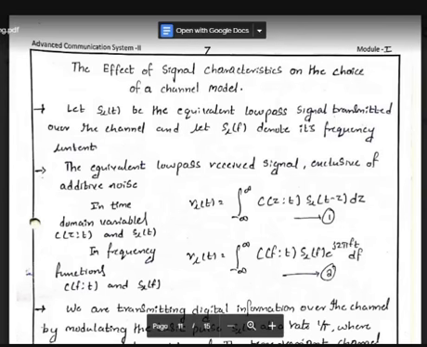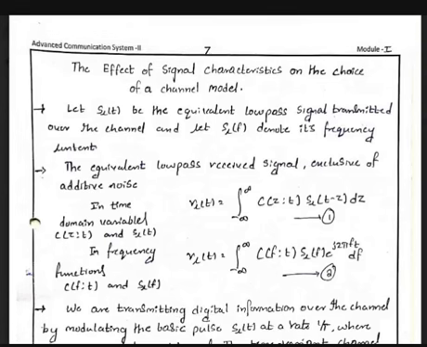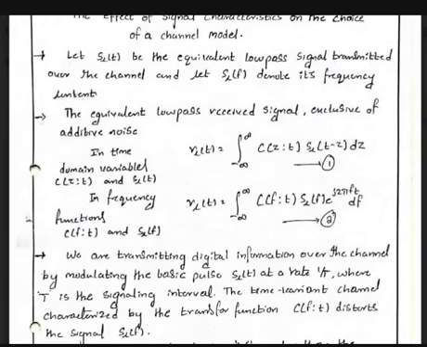Okay, as usual, you can see here, SL of t is considered as the transmitted signal over the particular channel. Then the corresponding SL of f is nothing but the frequency content. Okay. So again, equation number 1 and equation 2 are represented with the time domain and the frequency domain functions.